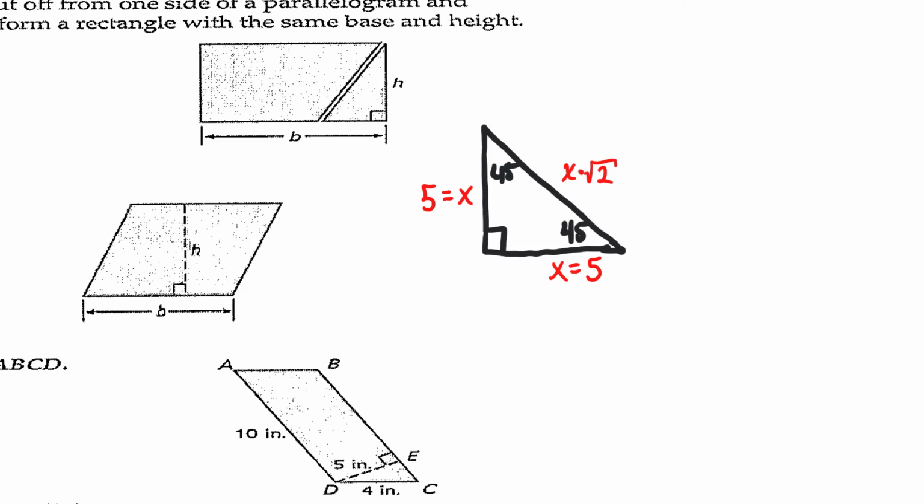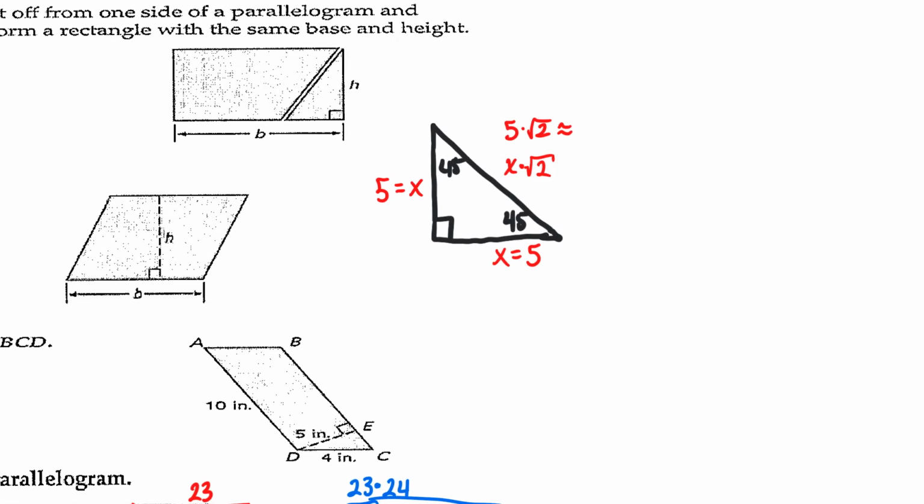And then how long is this side over here? 5 square root of 2, which, go ahead in your calculator and type that in and see what that is as a decimal. 7.07. Okay, so 7.07.